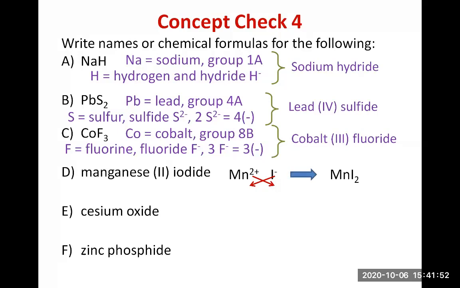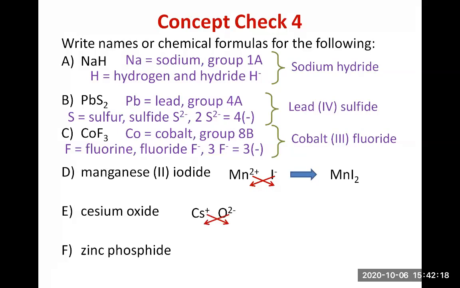Cesium oxide, let's find its formula. Cesium is in group 1A, it's an alkali metal, so it's a Cs plus ion. Oxide is O negative 2 because it's in group 6A, so 6 minus 8 is -2 charges for the oxide ion.